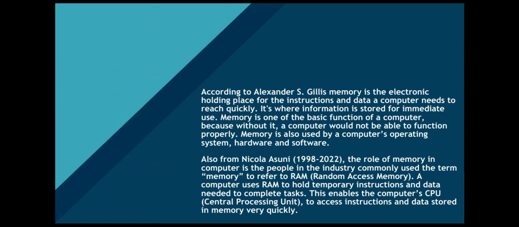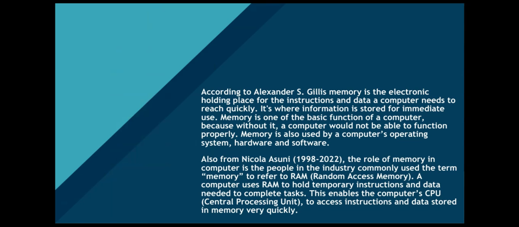According to Alexander, before the program will run, first the CPU will allow the program to run, so that the file or data will be loaded from the storage into the memory. Also from Nicola Asuni, 1998 to 2022, the people in the industry commonly use the term memory to refer to RAM, or random access memory.